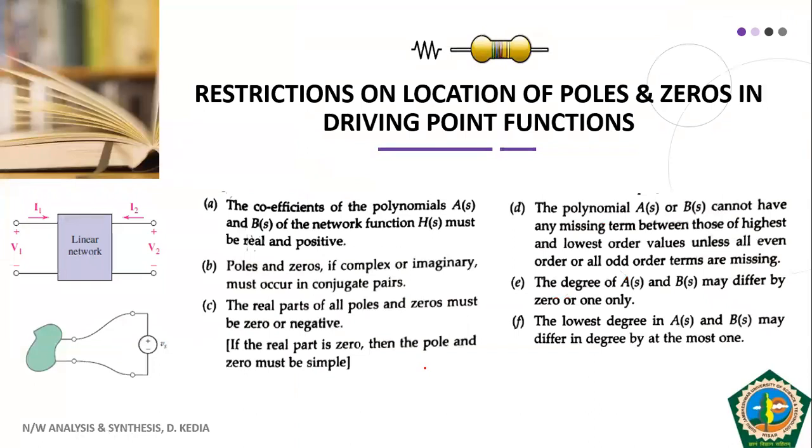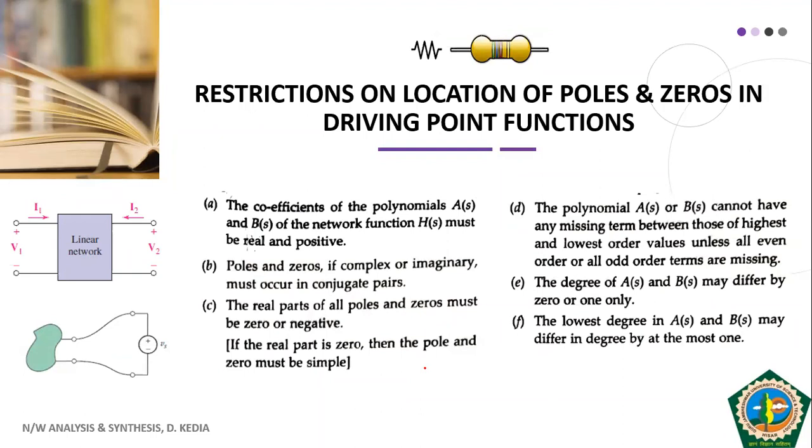So yesterday we had discussed in detail the concept of poles and zeros. I told you that poles are the roots of the denominator of the network function, and zeros are the roots of the numerator polynomial in s of your network function.